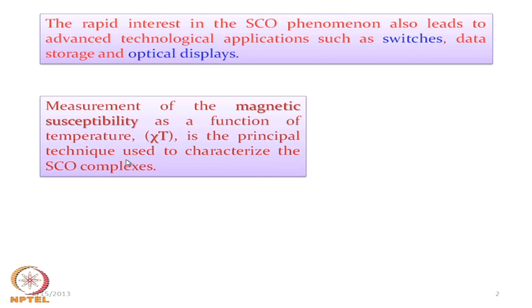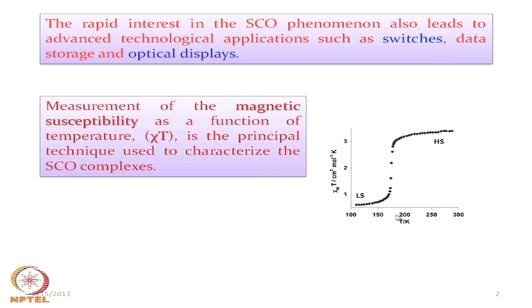The measurement of magnetic susceptibility is the most useful one for characterization of spin crossover complexes, and if we plot the chi-mT values, which is in centimeter cube mole inverse K, against temperature in Kelvin, from 100 to 300 Kelvin, the product of molar susceptibility and temperature, this is chi-mT.